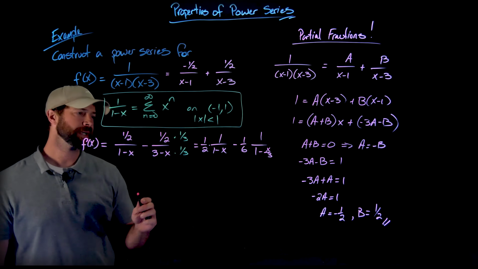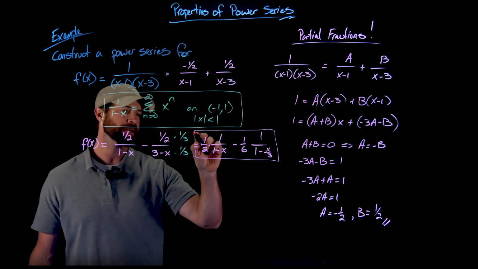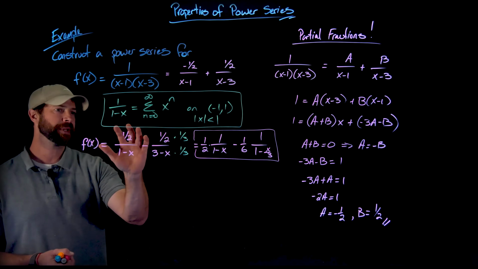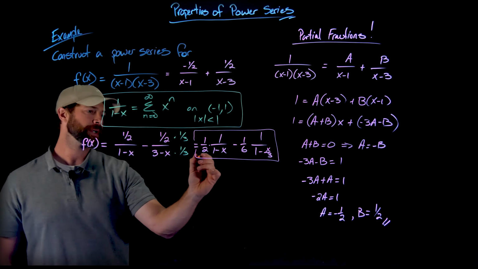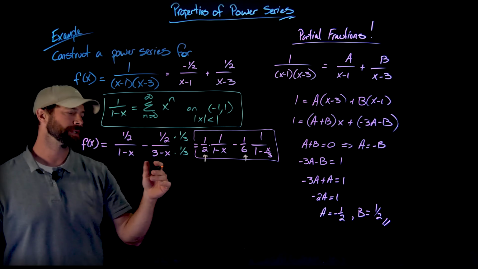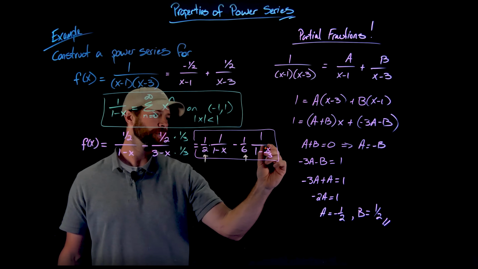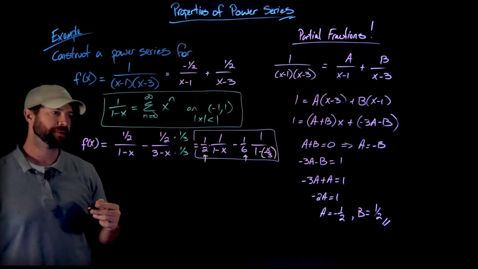And so what I have done here for each of these terms, once again, to make sure this settles in and so you know what you're allowed to do and what you can't do, is think about this given power series right here. I'm first going to multiply by these constants of 1/2 and 1/6 respectively. And then, in the case of this second term, I'm also going to need to think about the composition of x over 3.